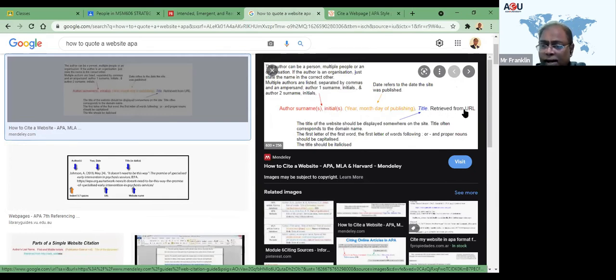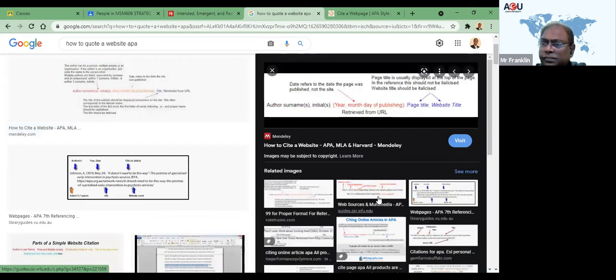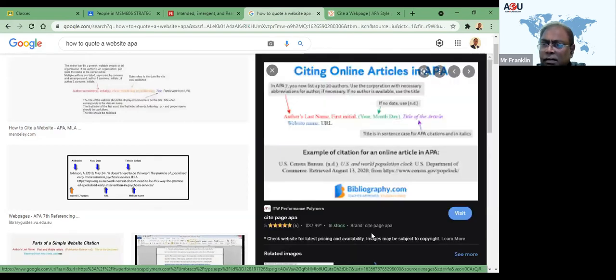You must put the URL also. For example, like this. Any actual examples you can see? Okay, like that. For example, you see here, author's last name, US Census Department, retrieved on August 13 from census. This is how you cite a website.